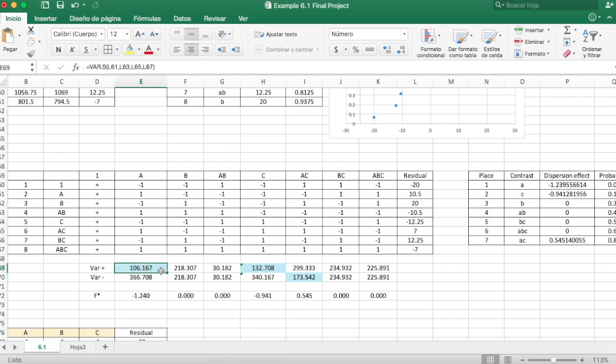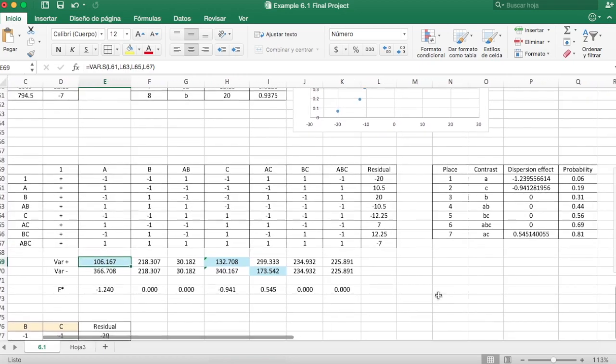And here you see that the dispersion effect is less in the positive A and positive C.